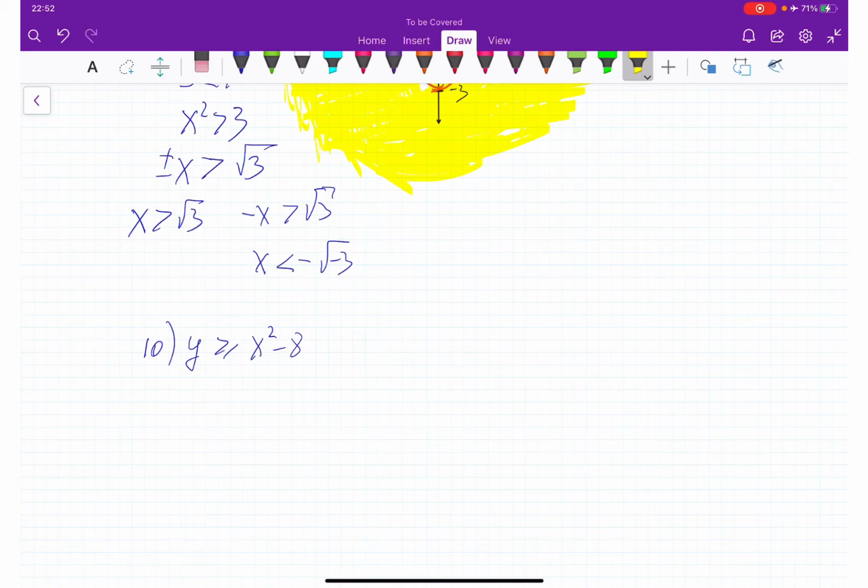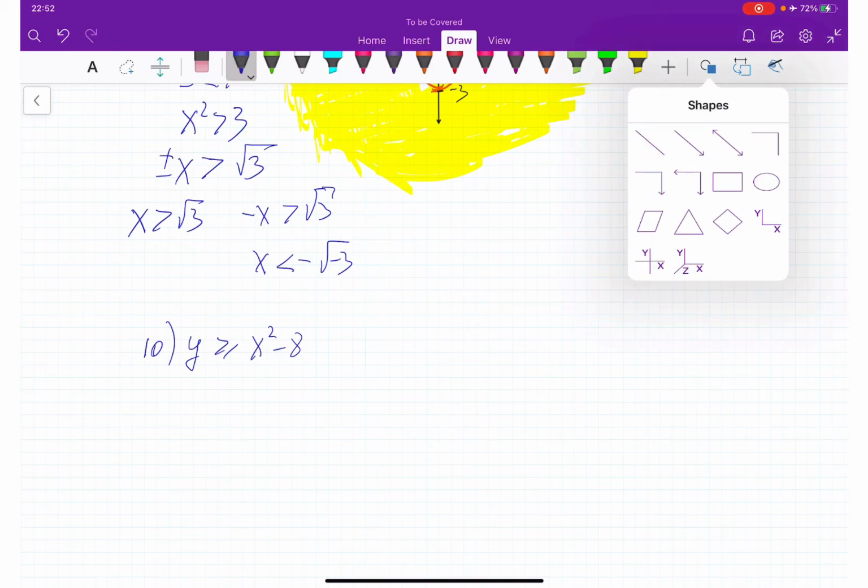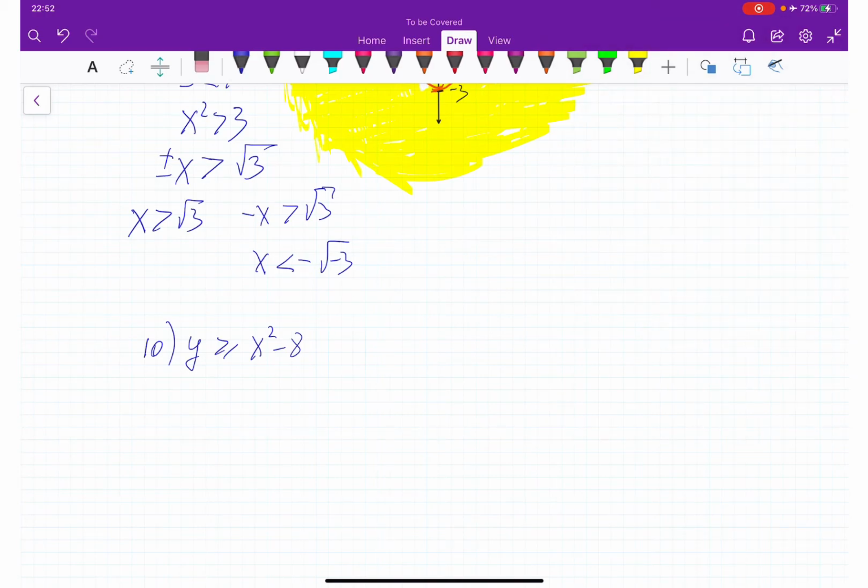Okay, so let's graph it. Again, we have this graph. If this is x squared, this is 1, this is 1, this is also 1.